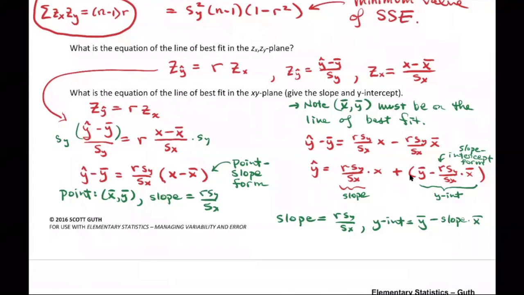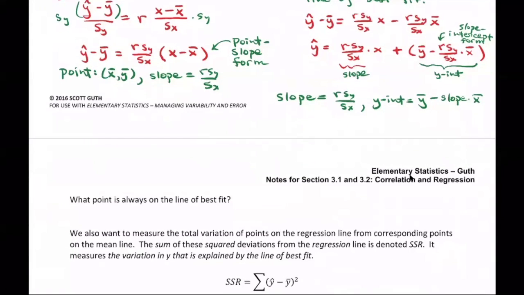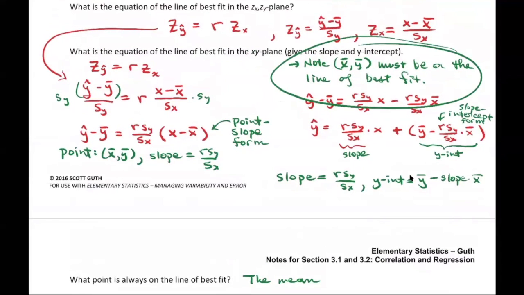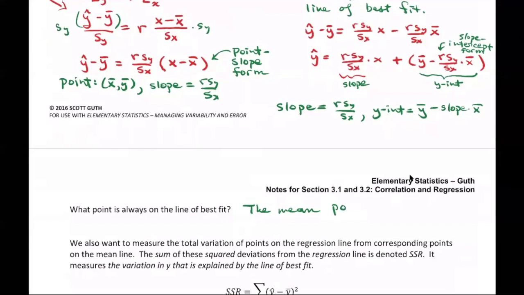Okay, so again, all very theoretical. What point is always on the line of best fit? The mean point, also known as the centroid, x bar, y bar.